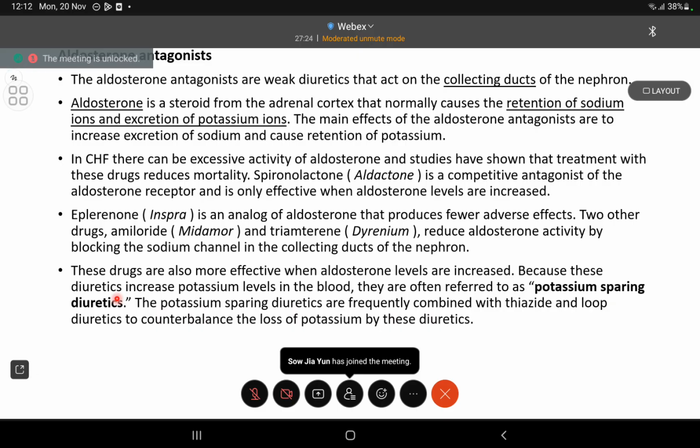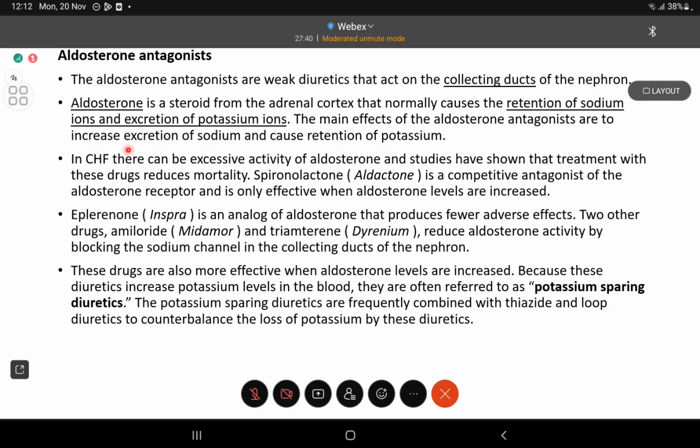It will reserve the potassium, so that's why they are considered potassium-sparing diuretics. Quite clear. So the difference between this and the others is that they will cause retention of sodium and excretion of potassium.